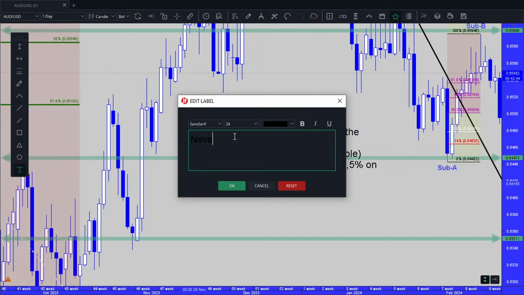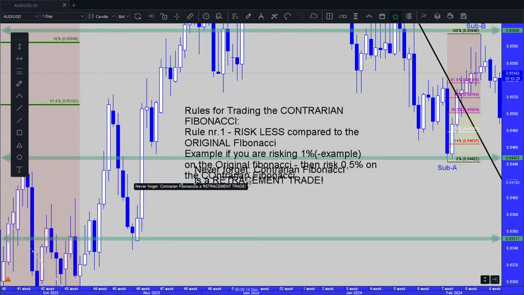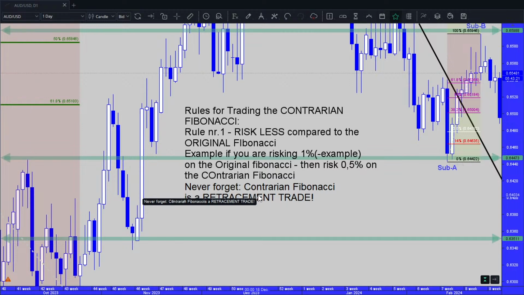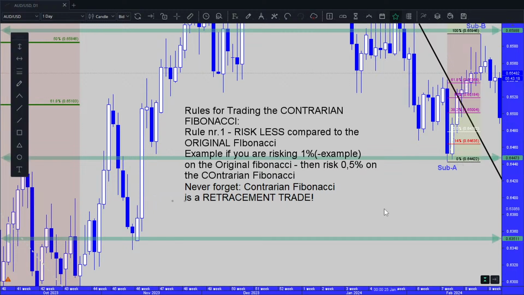Because, so never forget, Contrarian Fibonacci is a retracement trade. Never forget, Contrarian Fibonacci is a retracement trade. If this is your first time with us, please go back to Dukascopy Academy and start to watch lesson number 1, what is market structure.